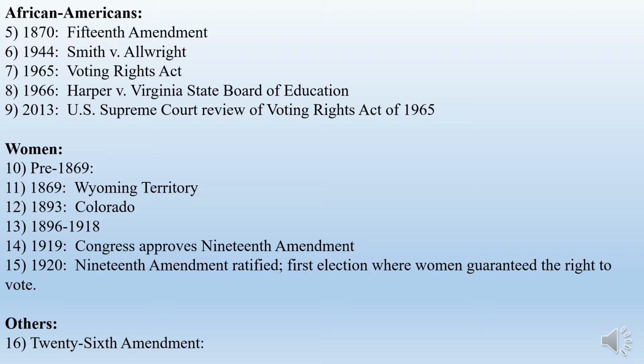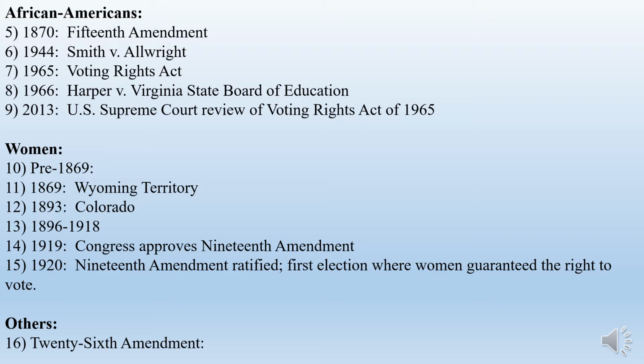Okay, they were simply there. But in 1870, the 15th Amendment to the U.S. Constitution guaranteed that the government could not take away people's rights based solely on their skin color.